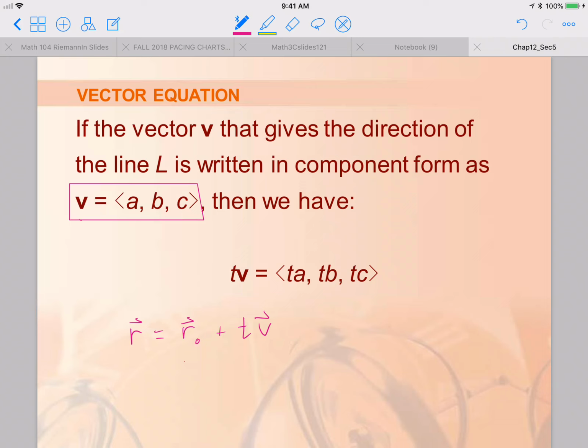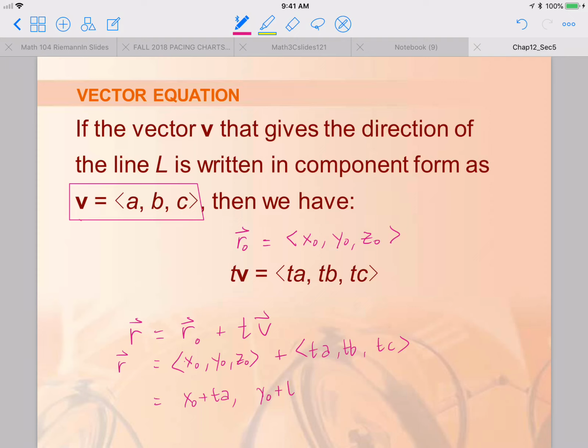Well, t times v looks like ta, tb, tc. So if r naught is x naught, y naught, z naught, then we would have x naught, y naught, z naught plus ta, tb, tc. And so we've got x naught plus ta, y naught plus tb, z naught plus tc is equal to r.